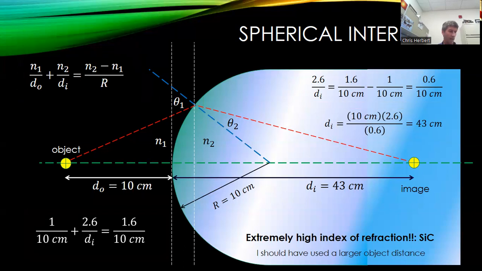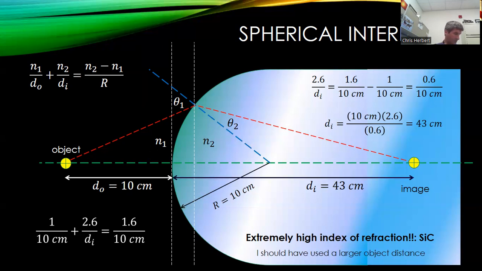Okay? I think the main thing to get here is that we see with this convex spherical interface, okay, it converges. It's a converging type of material. It causes the waves to converge, and if we have an object there, we will converge to produce an image. With two spherical interfaces, we can actually refract the light twice.